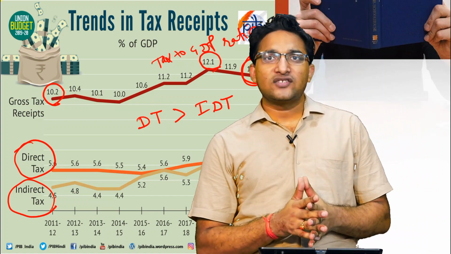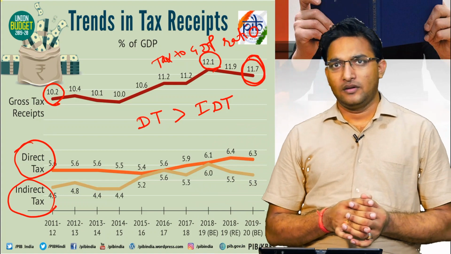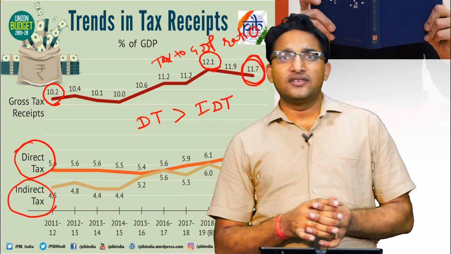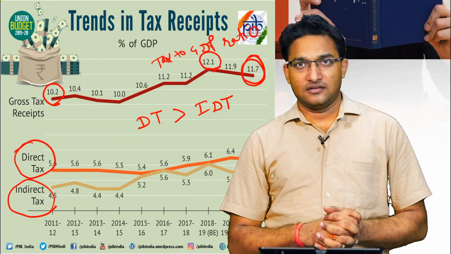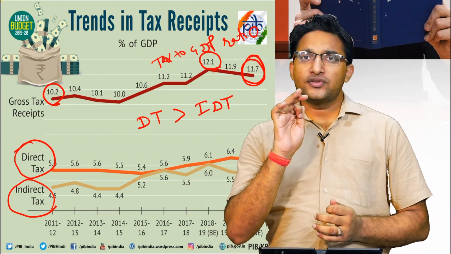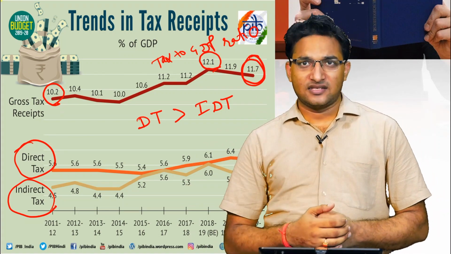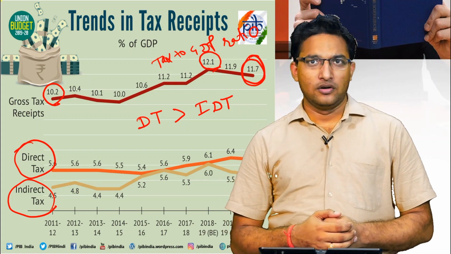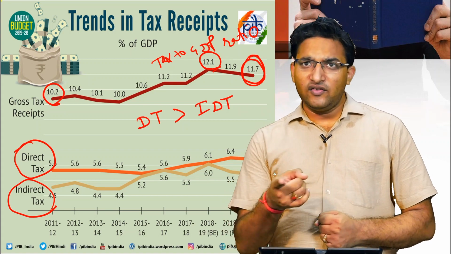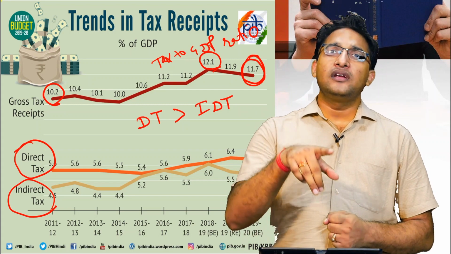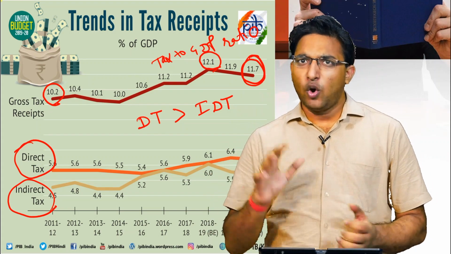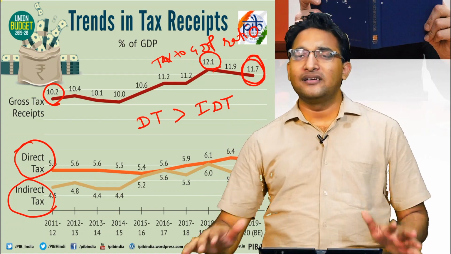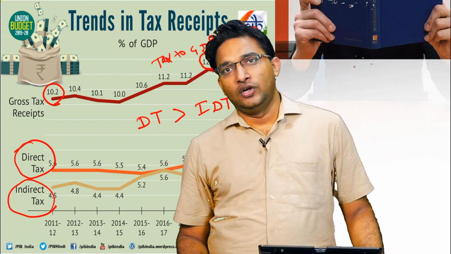However, in case of indirect tax, we are following the regressive system. And in the regressive system, everyone needs to pay the equal percentage of tax. So if suppose there is a 5% tax on a particular item of food, even if it is a rickshawala or the son of any rich person, maybe an Ambani, both of them need to pay the 5% goods and services tax.